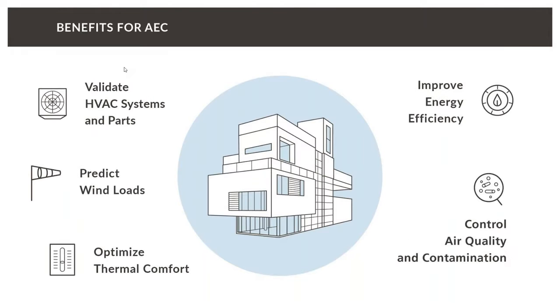And now I would like to talk with you about how simulation can actually be used in the building industry. SimScale supports three major types of simulations. One is structural simulation, the other is fluid flow simulation, and the third one is thermal simulation.